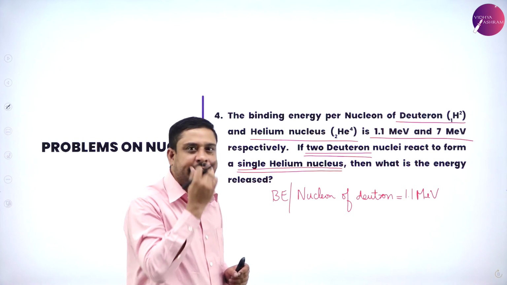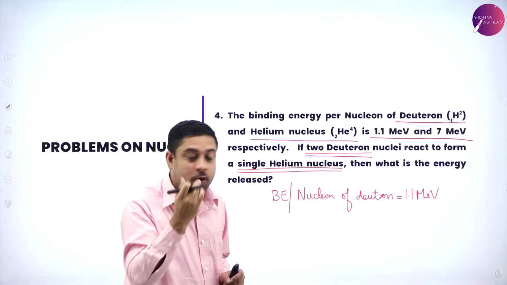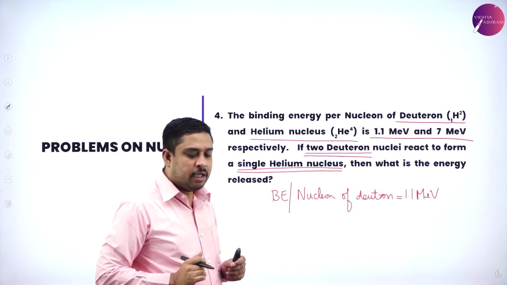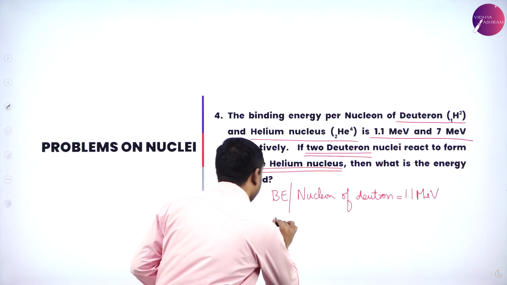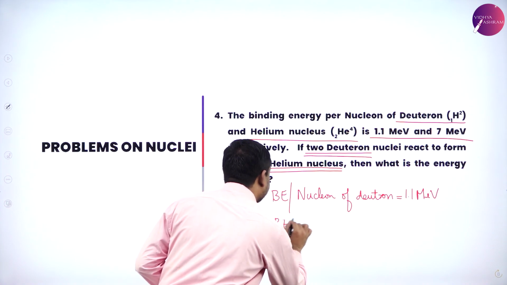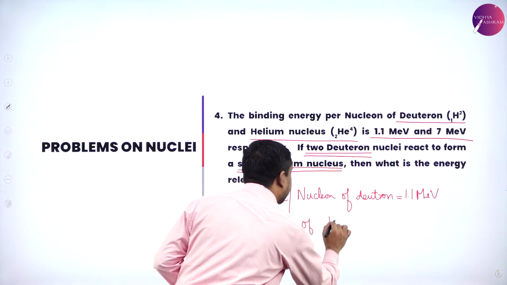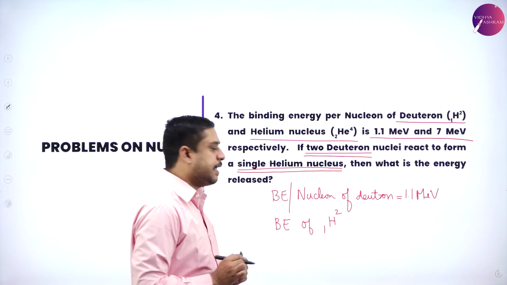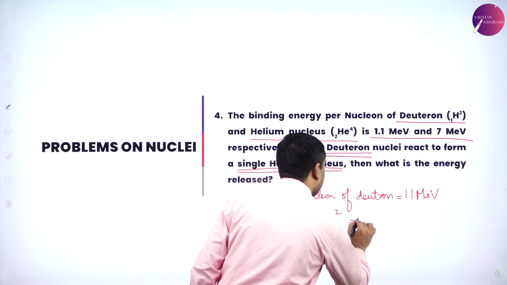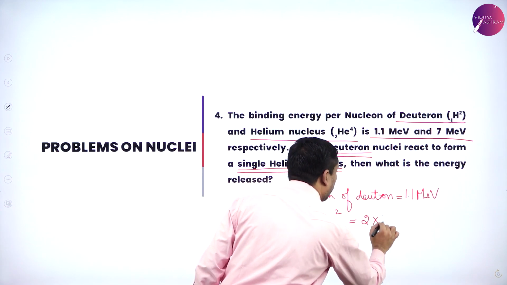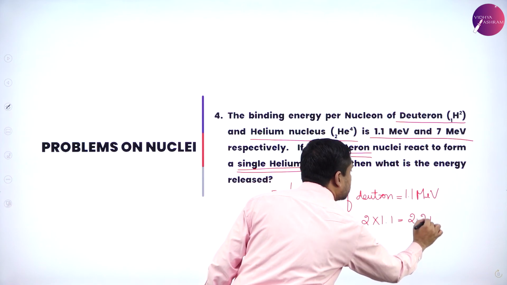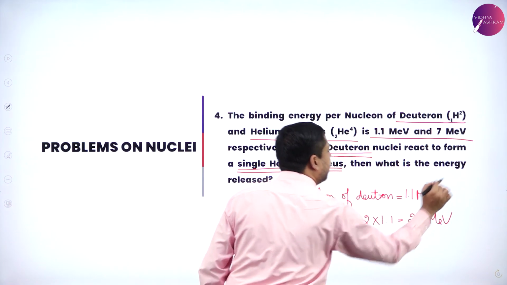This is the binding energy per nucleon of the deuteron nucleus. Therefore, binding energy of H12 deuteron is 2 into 1.1, which is 2.2 MeV.